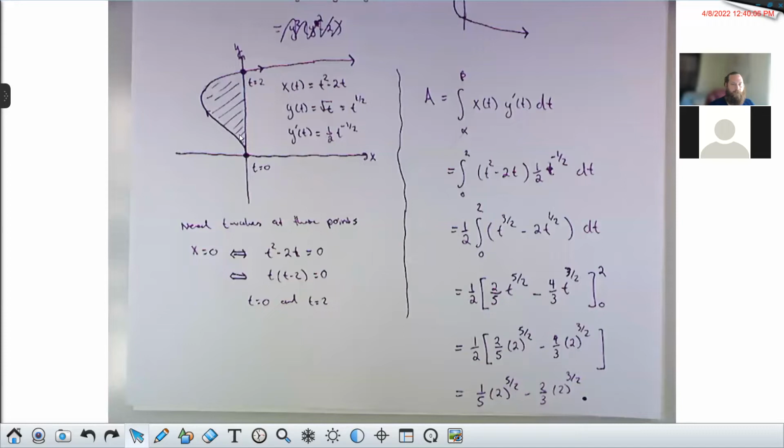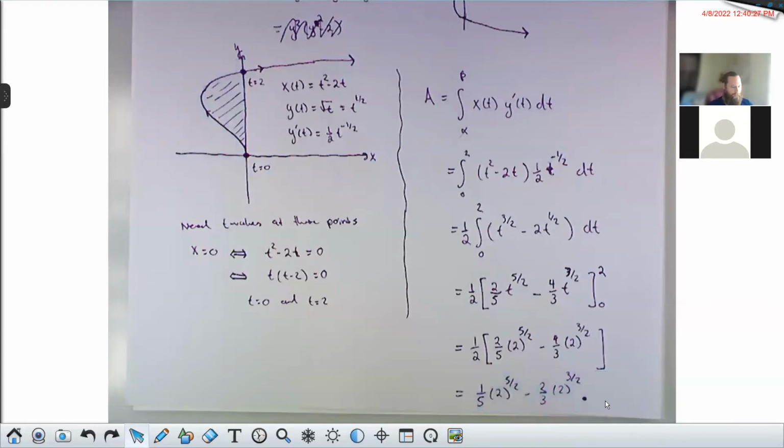The reason I mention this is because the x values along the curve here are all negative, right? Just like a normal integral takes area beneath the x-axis and measures it as negative, this integral is going to take area that is to the left of the y-axis and measure it as negative. So this is actually a negative number.